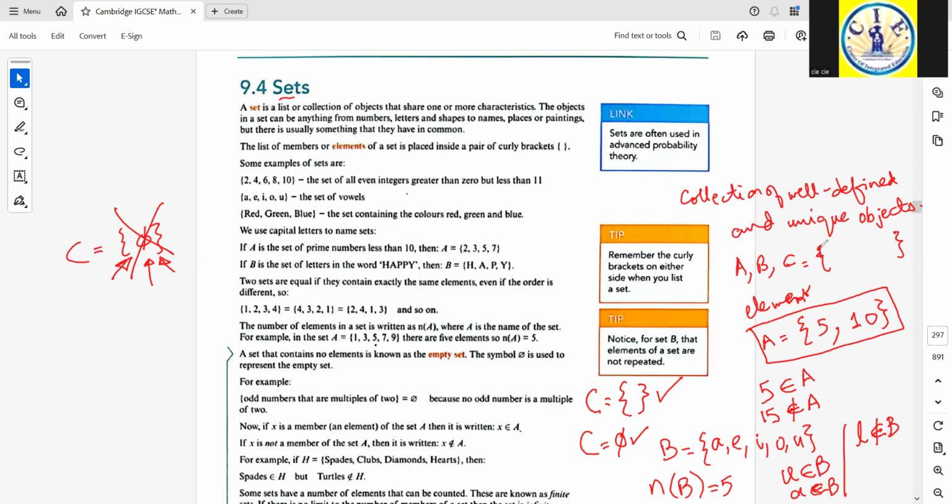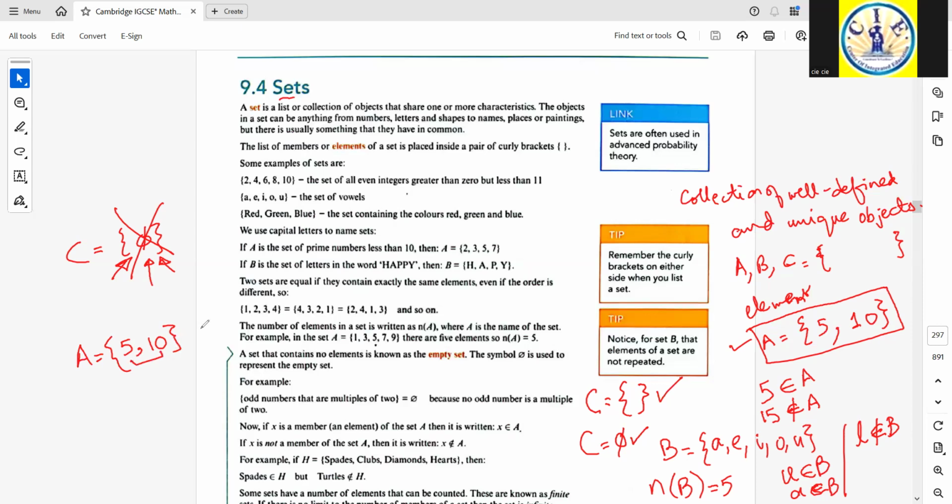When we define some of the elements of a set, for example, as was the case with set A previously, we had only considered two elements of the set A, which were 5 and 10. Now this set has got two elements.